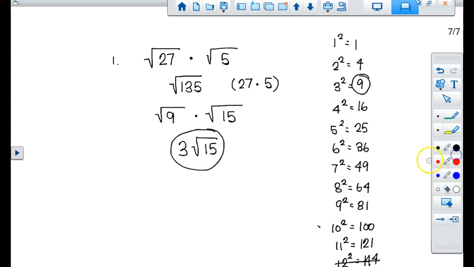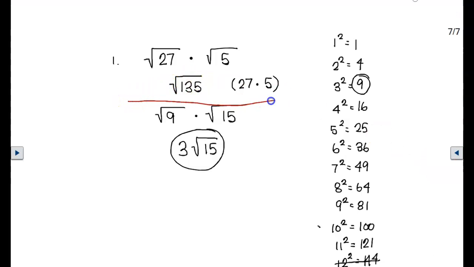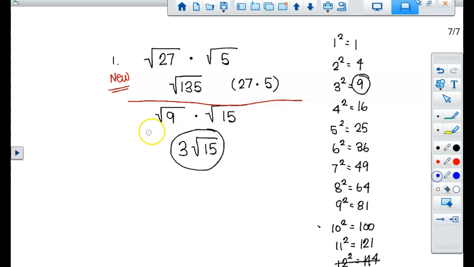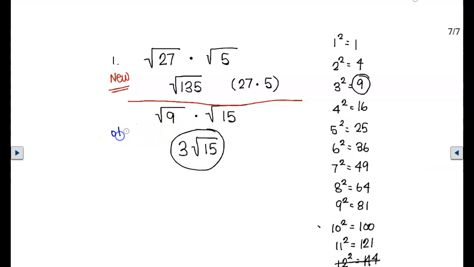So I want to point out something here. I'll draw a line right here. Whoops, not a very straight one. This up here above the line is the new part where you did the 27 times 5 to get the 135. All of this below the line is the old stuff, what you already knew how to do, which was simplify.